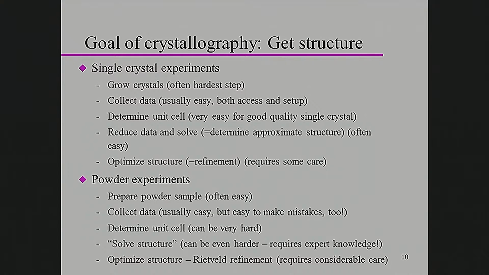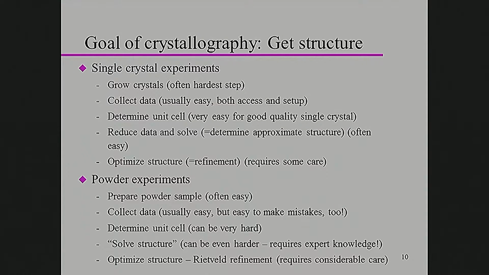Single crystal experiments. The hardest step most of the time is to grow a good diffraction quality crystal. Once you have a good crystal, collecting data is usually pretty straightforward, both the setup and the access, okay? If you have a good crystal, determining the unit cell is often very easy. Sometimes all you have to do is push a button and the unit cell comes out. Sometimes you have to do more work, okay?